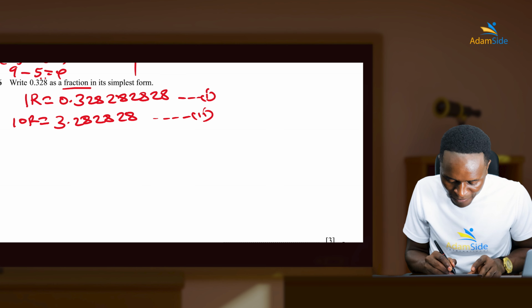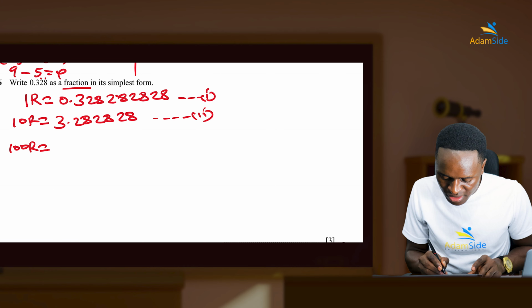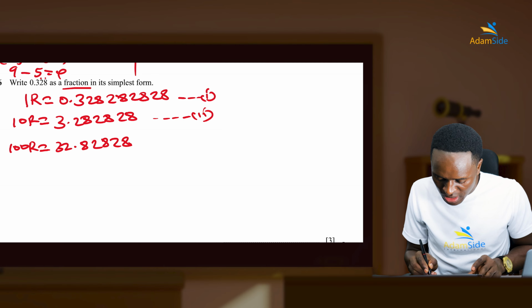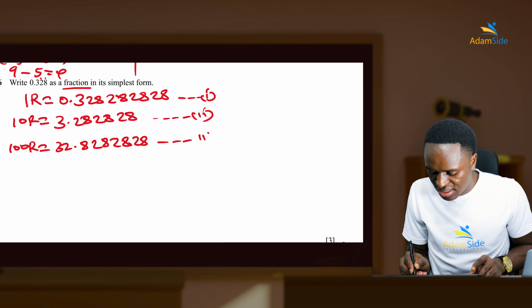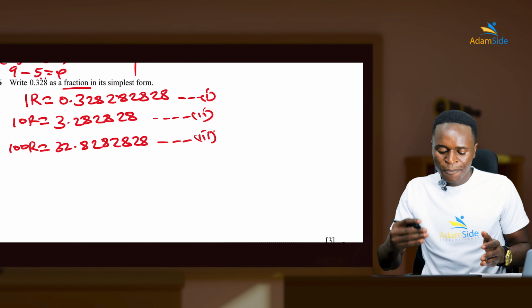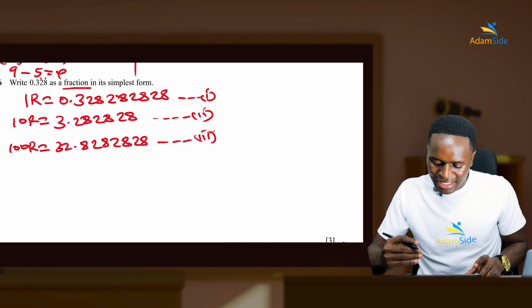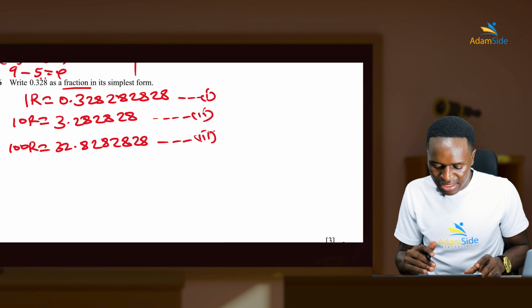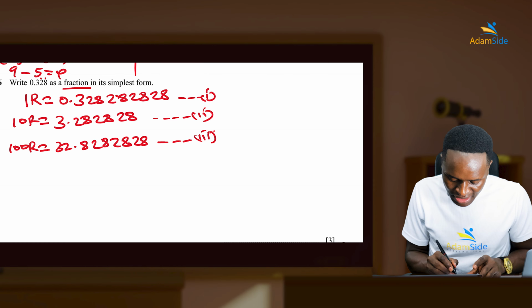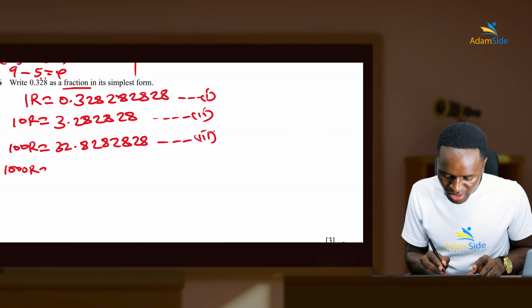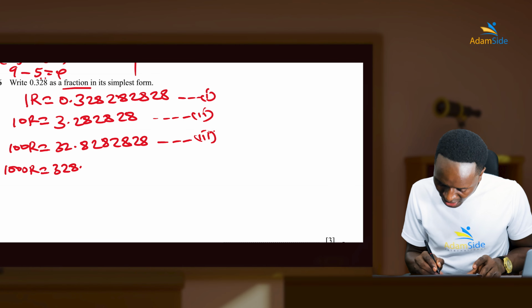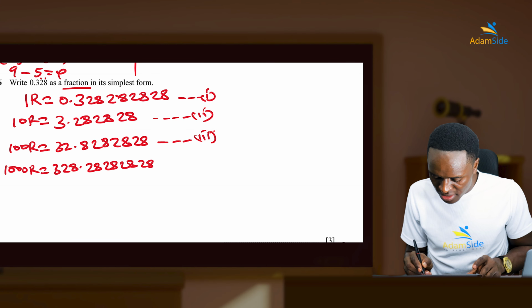Multiply again by 10. You get 100r is equal to 32.82828, which still, if you subtract between the third and the second, you will not get 0. Then multiply again by 10, you get 1000r is equal to 328.282828. So this fourth equation resembles which one?